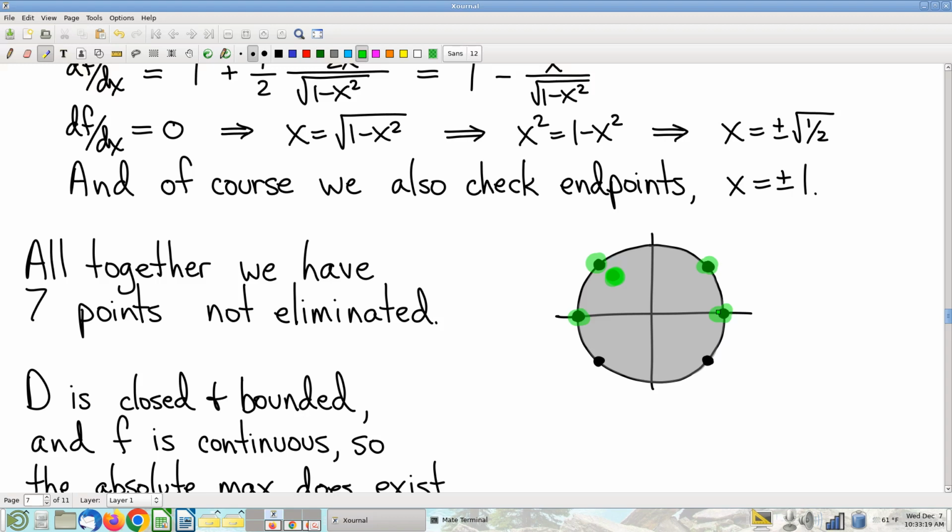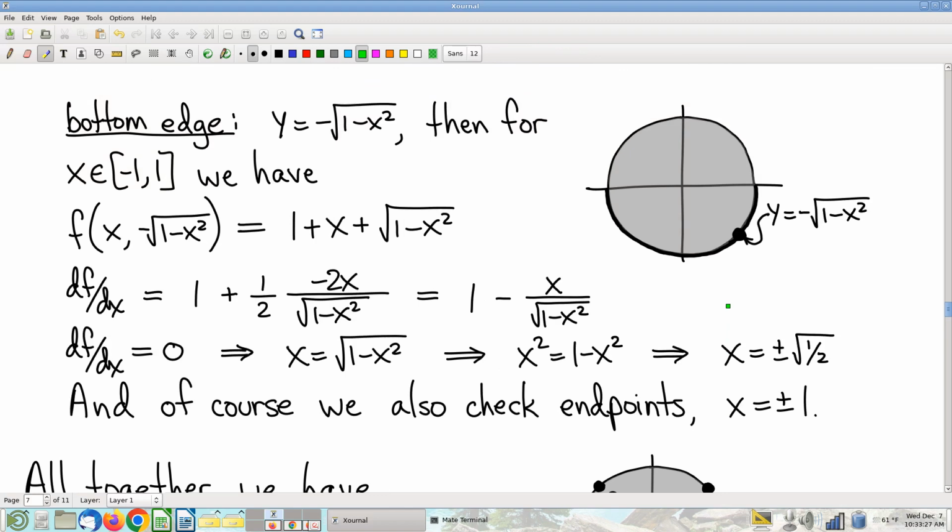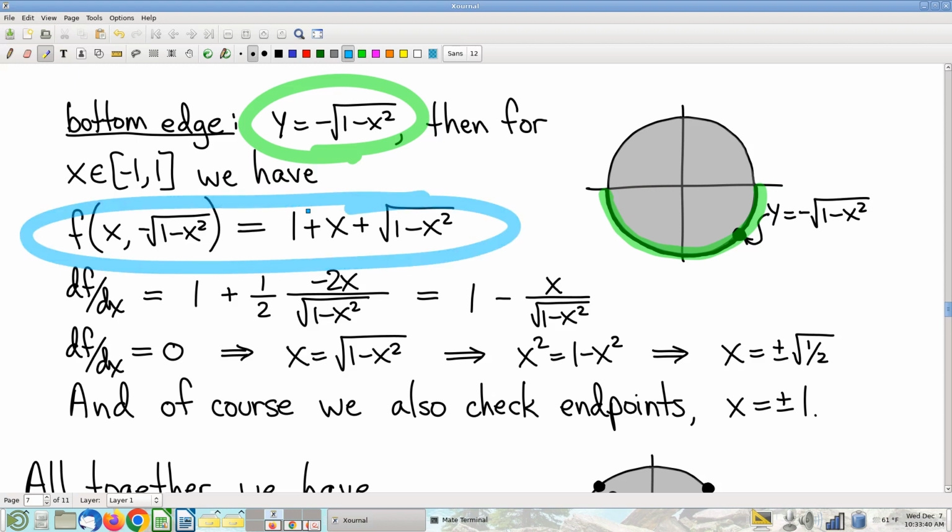And we're still not done because we haven't checked the bottom half yet, right? So for the bottom half, on the bottom edge, y is the negative square root instead of the positive. That gives a different formula for the function.